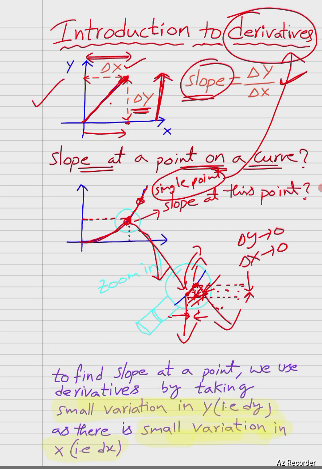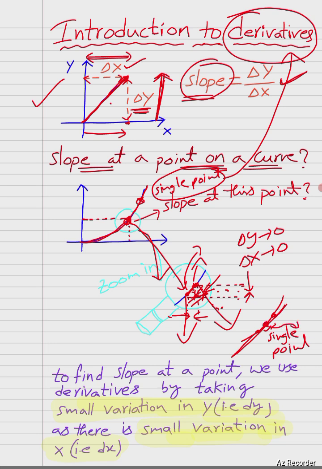Now these 2 points come very close on the given graph, such that they appear as a single point. Now at this point, if you plot the tangent, it appears as a single point.